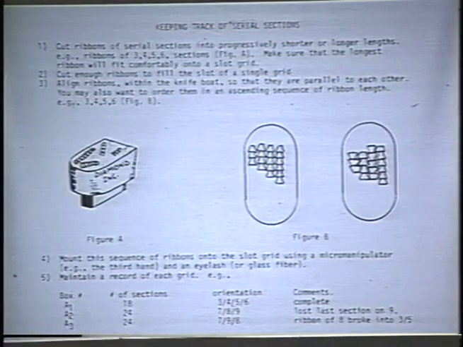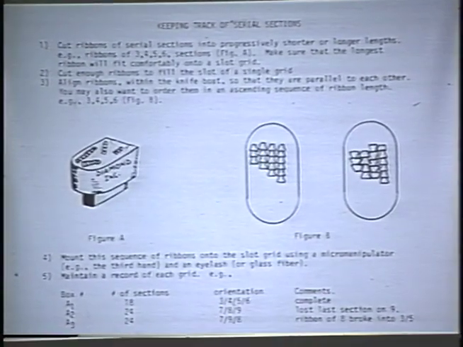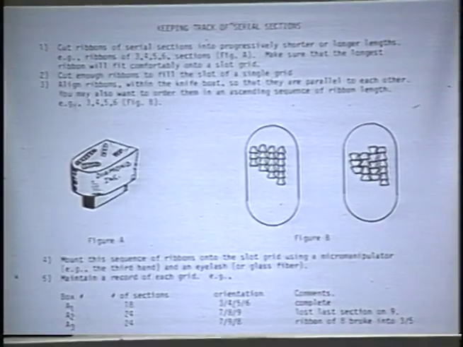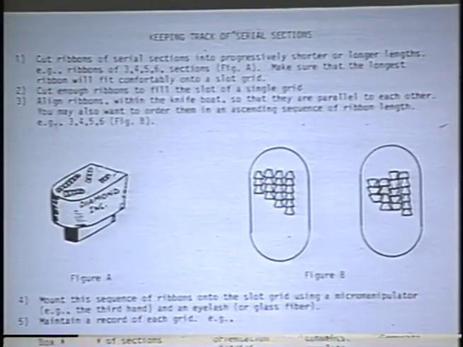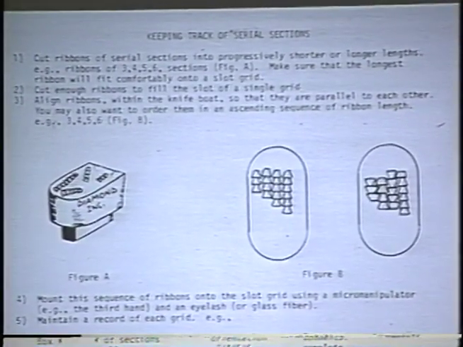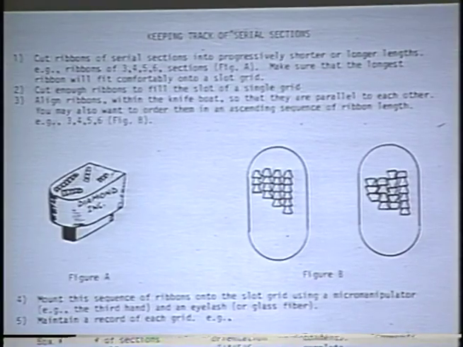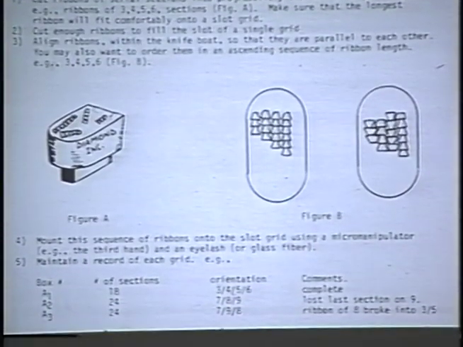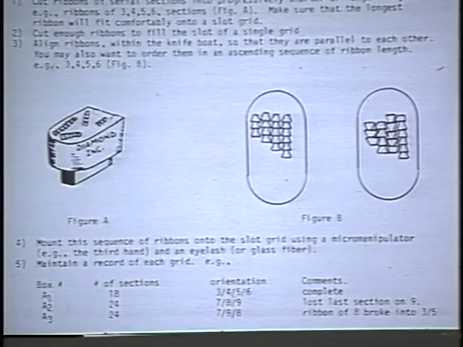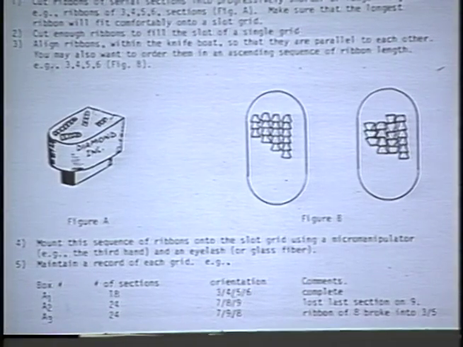Next slide. Something I learned from Conley Reeder is that when you are preparing your ribbons as they come off, make each ribbon one section longer than the previous ribbon. That way, the set of ribbons will be coded, so that when they're loaded onto the grid, even if they get out of order, you will know that the ribbon with 20 sections on it comes before the ribbon with 21 sections.